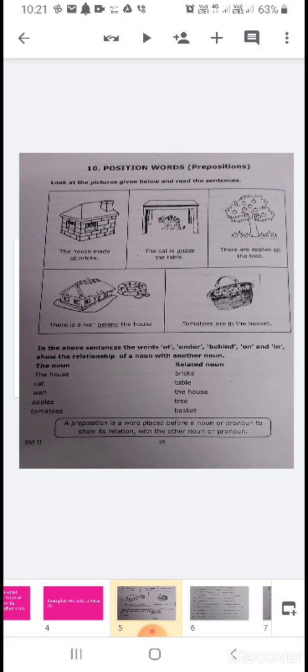In the second, cat and table are both nouns, and under shows the relation between them. Next, apple and tree: both are nouns, and on shows the relation between them. Next, well and house: behind shows the relation between them. Next, tomatoes and basket: both are nouns, and in shows the relation between them.